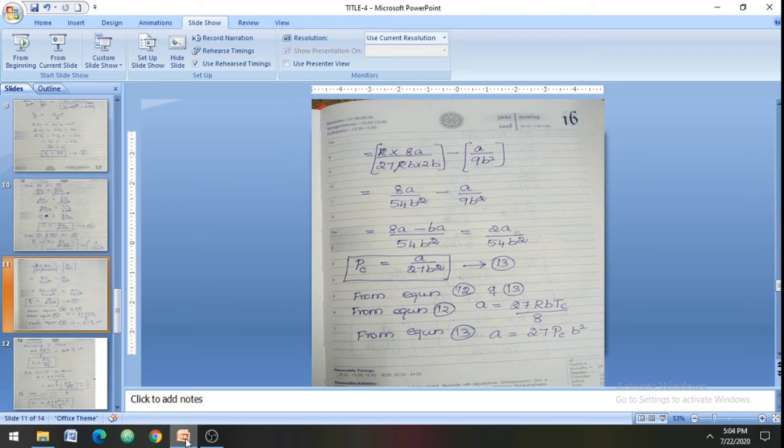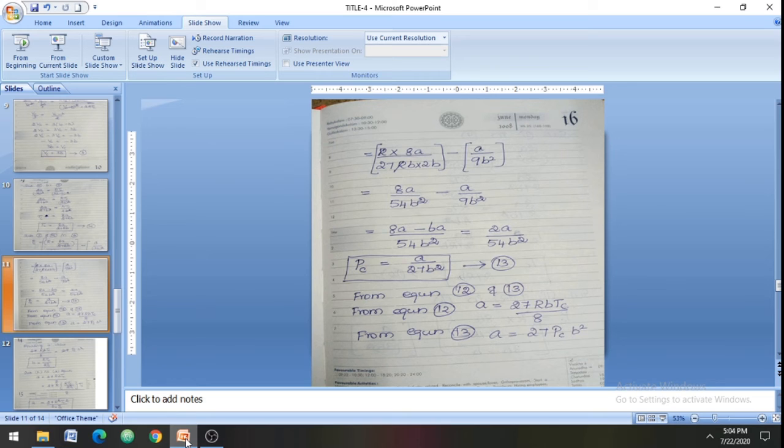From equations 12 and 13, what is a? From equation 12, a is equal to 27RbTc by 8. From equation 13, a is equal to 27Pc b squared.